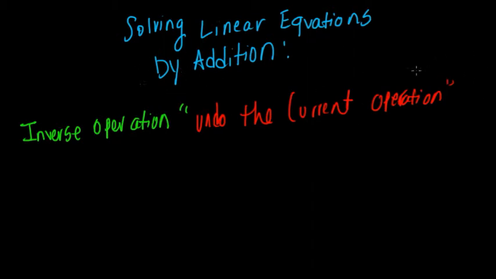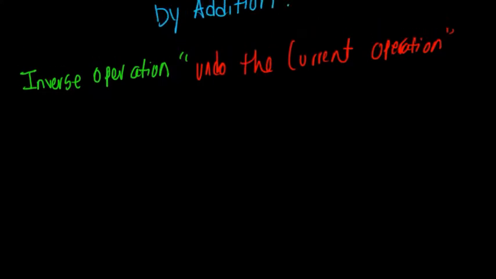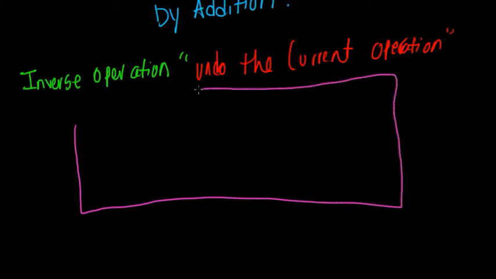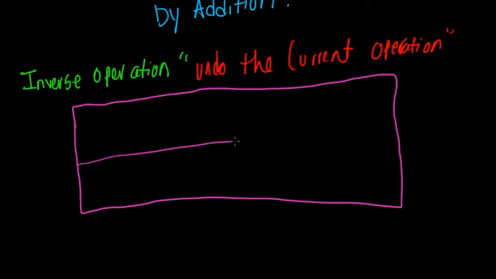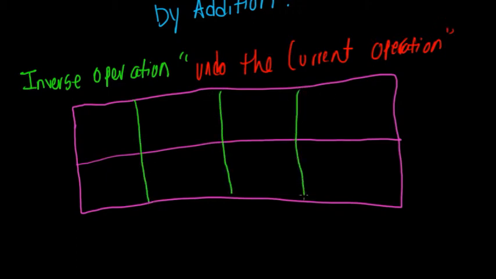Now, let's go ahead and make a table here. Let's make a little chart here so that we can understand this a lot better. Let me draw it straight down the middle. Okay, let's say this is for addition, this is for subtraction, this is for multiplication, and that's for division.